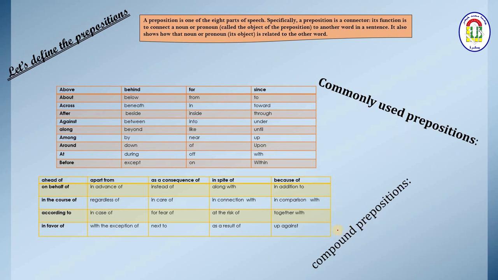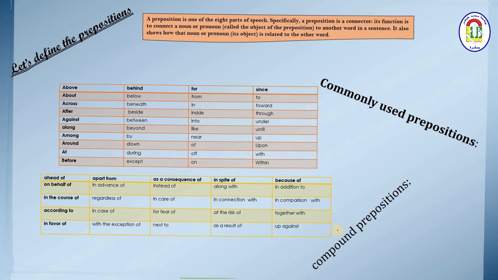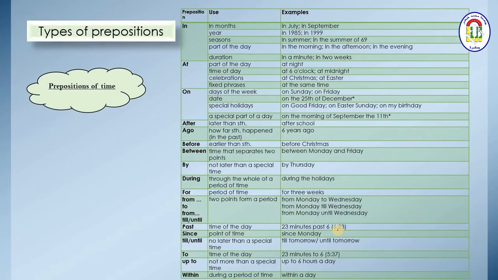We talked also about the compound prepositions and discussed their meanings. Also we have seen types of prepositions, prepositions of time, mainly in, at, and on, the three prepositions that are widely used. You can find them with time and with location, place, and so on.